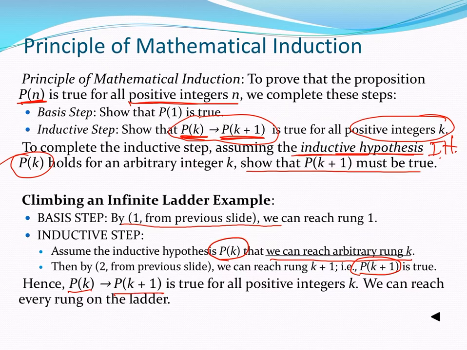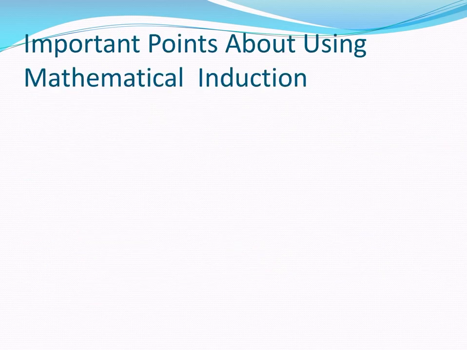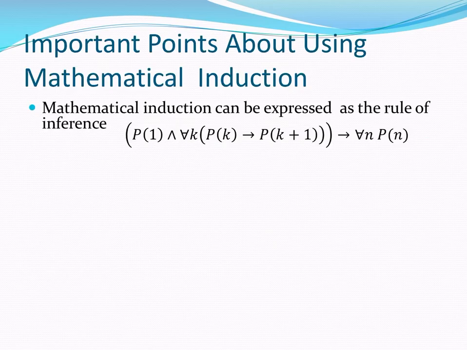Let's look at it more symbolically. Here's a way we can describe mathematical induction using propositional symbols. Here we have P(1), that's the basis step. So if P(1) is true, and here we have the inductive step after the and.